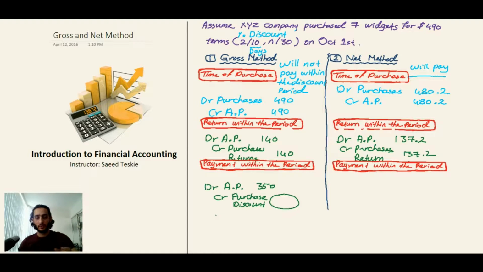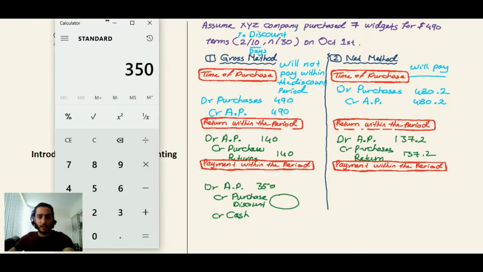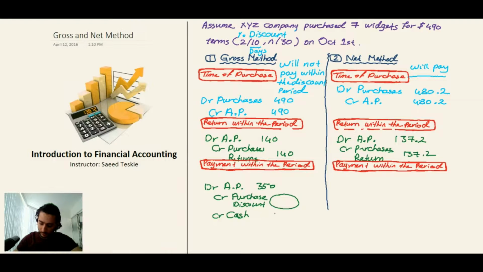Because we have paid, our cash account has decreased, so we will credit cash to reduce cash. How much should we credit cash? By the amount that we have actually paid. So what we have paid is $350 minus the discount that we got, just 2%. That will be $343.